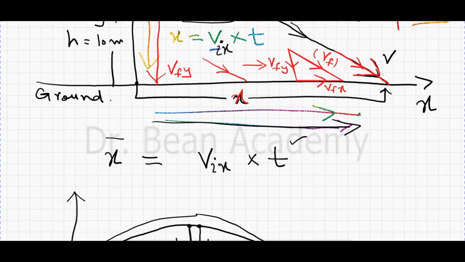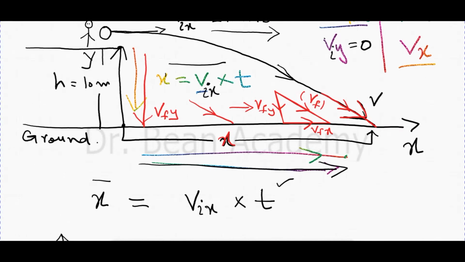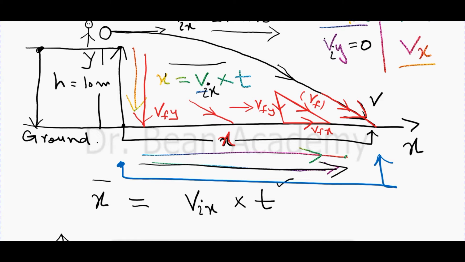But in our problem, the body is already at a certain height, the maximum height, and it just comes down to the ground. So the time it takes for the body from the starting of the journey to the very end of the journey should be equal to the time it takes from the maximum height to hit the ground.